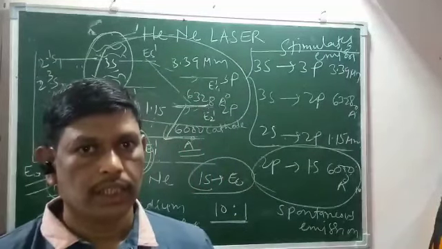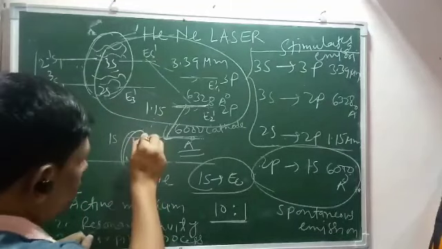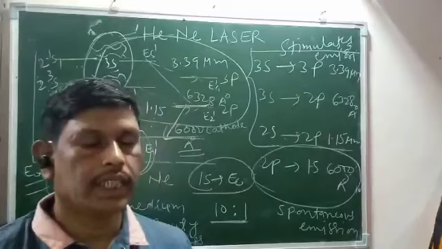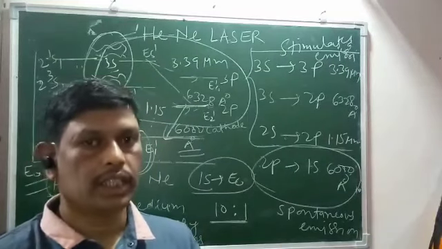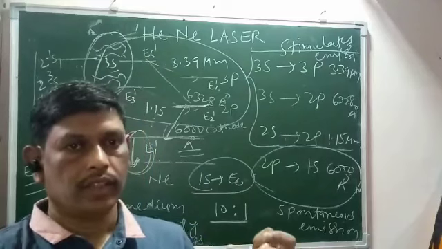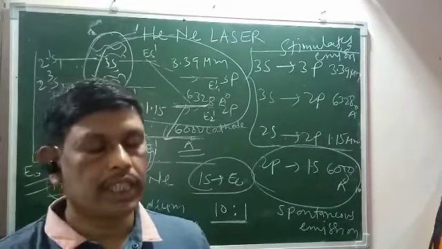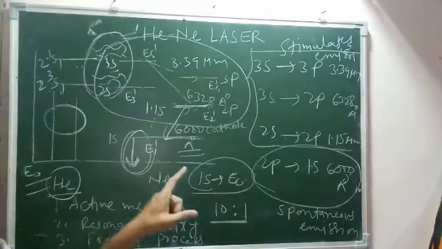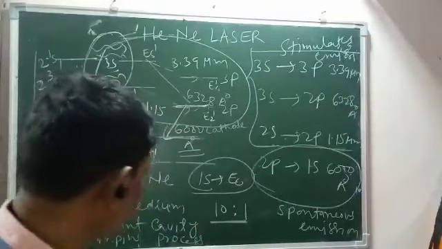This comes because the particle in the 1s state loses its energy by interacting with the walls of the tube or with other atoms. So no emission can be obtained from this interaction.